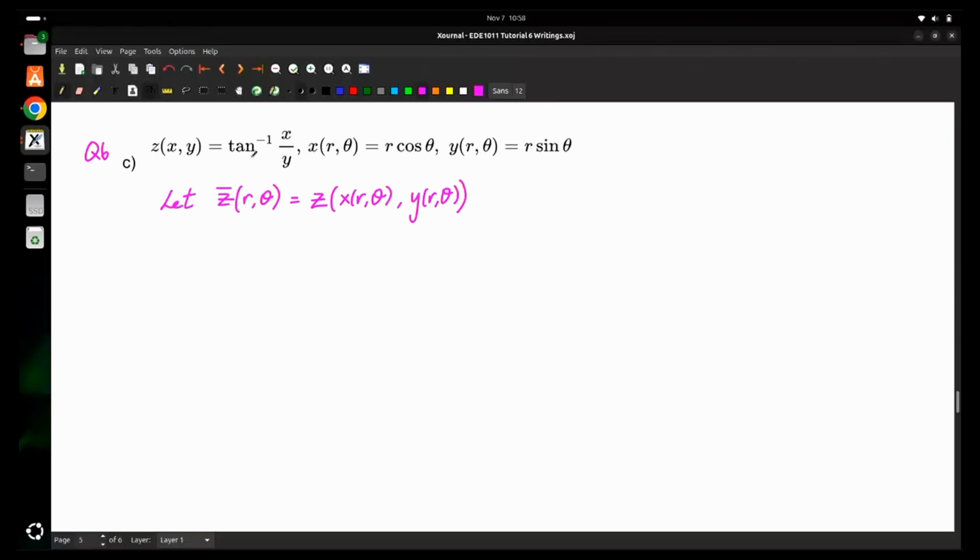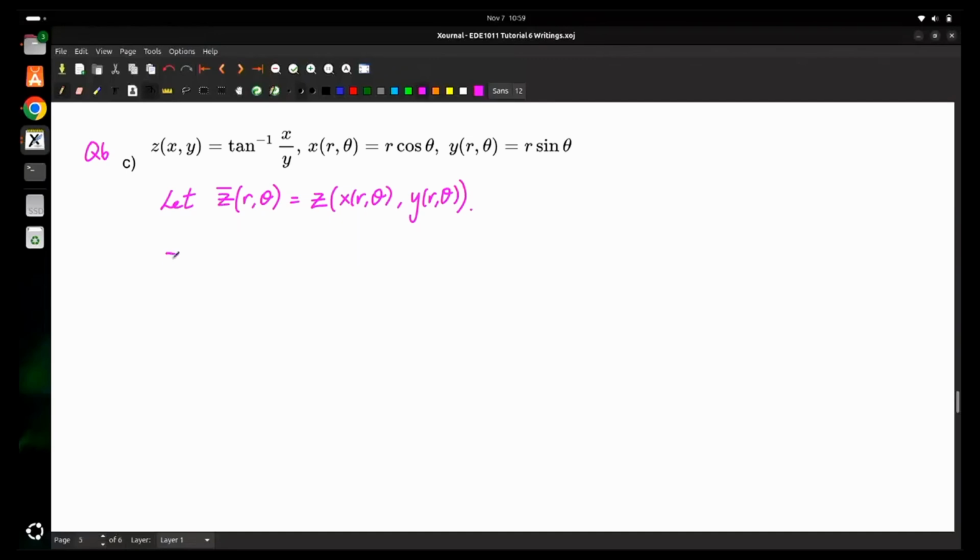It probably wouldn't be giving you a tangent inverse function, or maybe it will, but it will not be exactly looking like that. It wouldn't be like, for example, tangent inverse r over theta. So therefore, it wouldn't be the same function. So let me write it as z bar. Z bar or z, doesn't matter whichever alphabet you use.